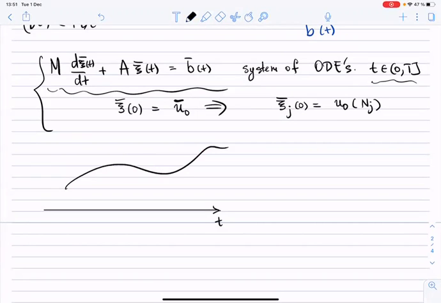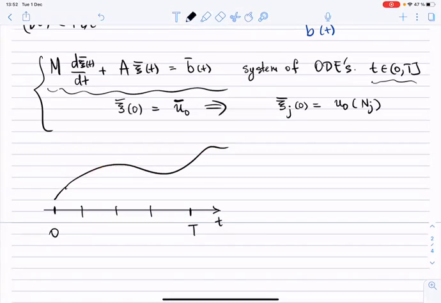And the usual stuff that we do in finite element. So we start from time 0, and we go all the way to time capital T. And we split this time interval by a finite number of small subintervals. So this is like the usual stuff that we do in finite element. And hopefully, we approximate the values of these functions.